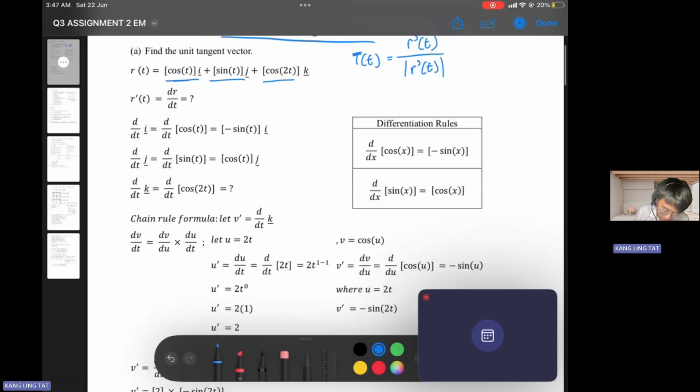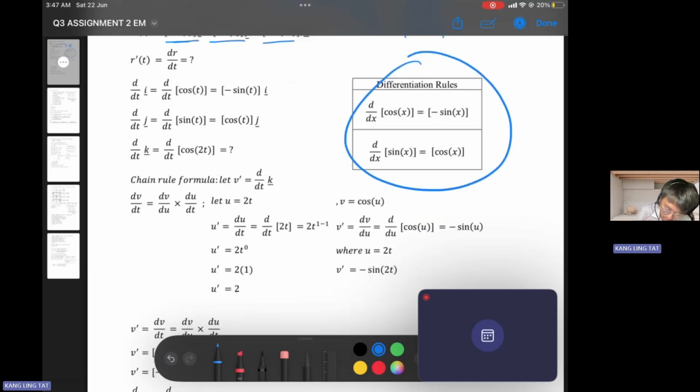All right. So it will be easy for the i and j terms because we can just use the differentiation rules stated right here: the derivative of cos x is equivalent to negative sin x, whereas the derivative of sin x is equivalent to cos x.